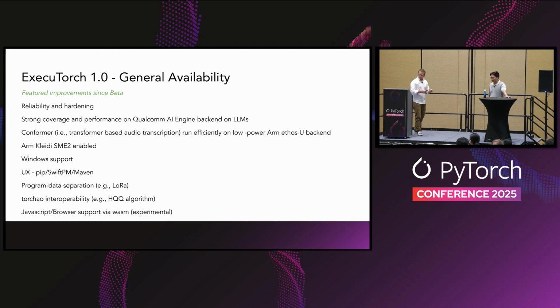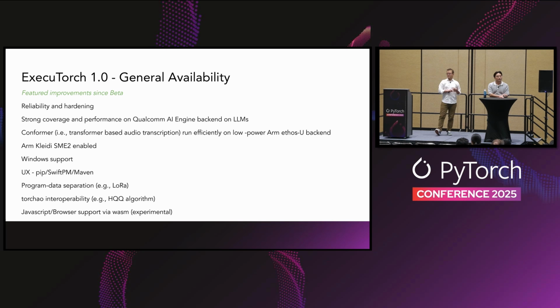A few more features before I give it to Mergen that we have developed for the general availability. As I mentioned, one of the key areas where we worked hard for this release was reliability and hardening.